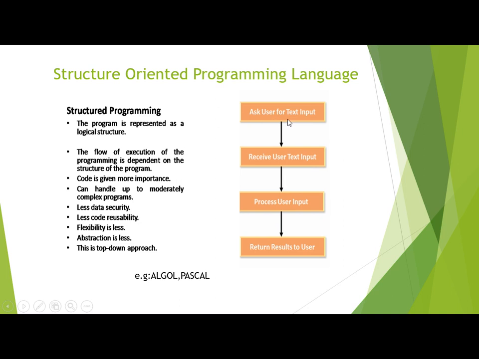Like here, first it will ask the user to input any text, then that program will accept whatever text the user has input, then that text will be processed, and then finally the result will be given. So this follows the top down approach. Examples of structured oriented programming language are Algol and Pascal.